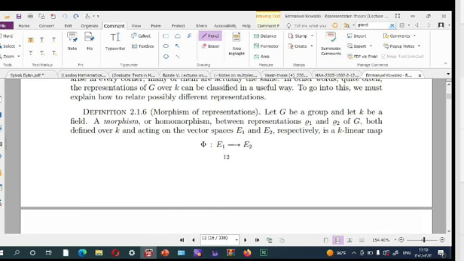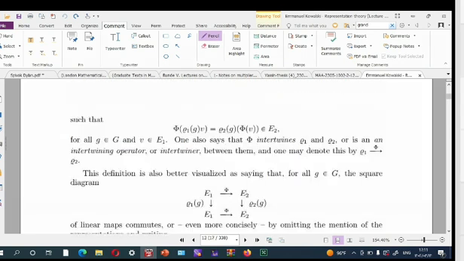A morphism or homomorphism between representations rho 1 and rho 2 of G, both defined over a fixed field K and acting on the vector spaces E1 and E2 respectively, is a linear map phi from E1 to E2 by these equalities.